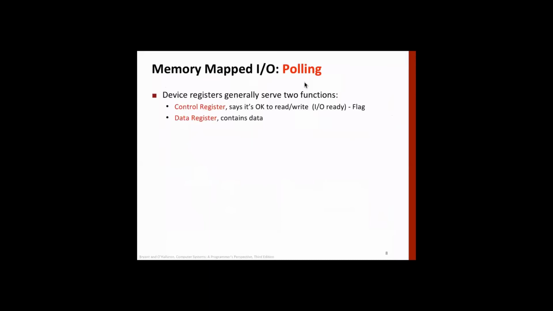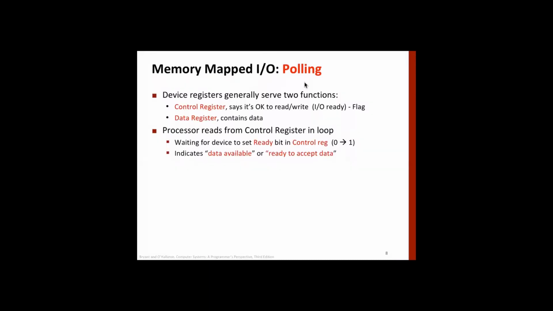Okay, the first method we have seen was polling, and in that, each device has two registers, one control register and second a data register. The control register just has a status bit which says whether data is available for reading, or the device is ready for writing.